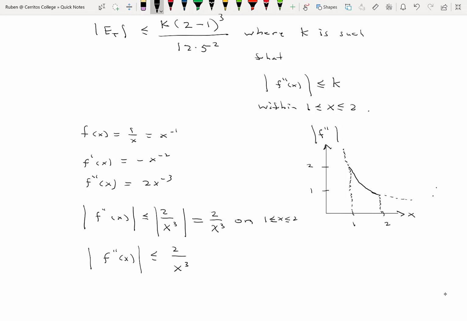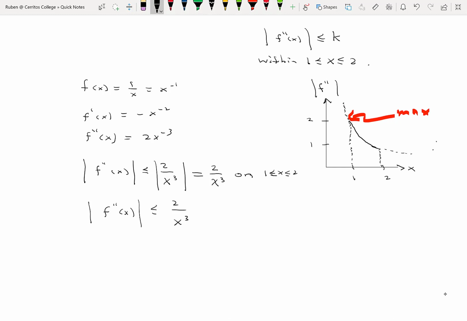So if a function decreases, then its maximum value has to occur at the left-hand endpoint. If something's getting smaller, then its maximum value occurs at the left-hand endpoint. So 2 over x cubed is no bigger than 2 over 1 cubed.